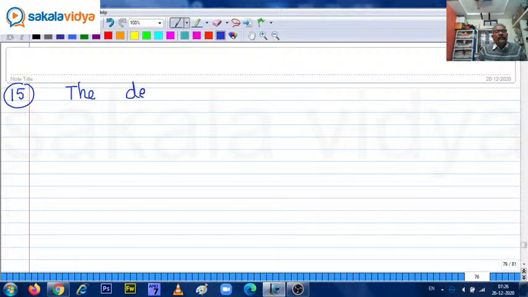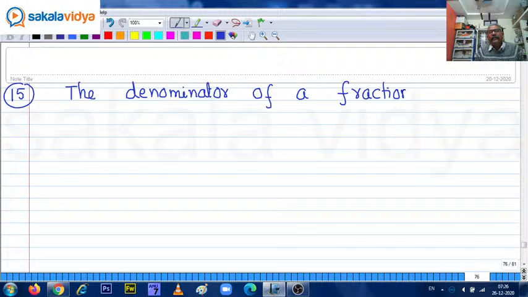The denominator of a fraction is 2 more than its numerator.